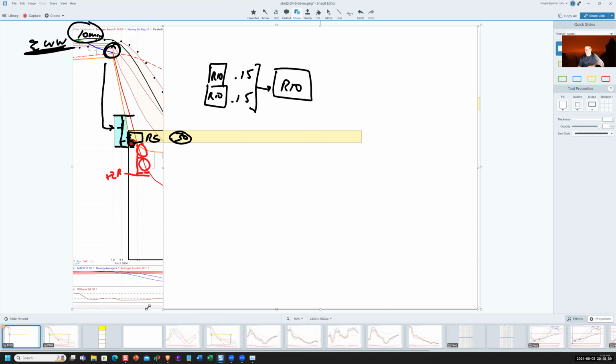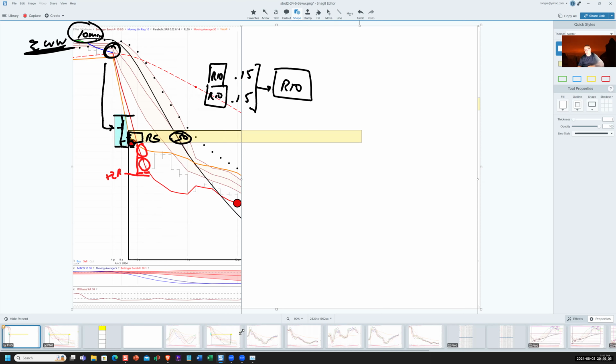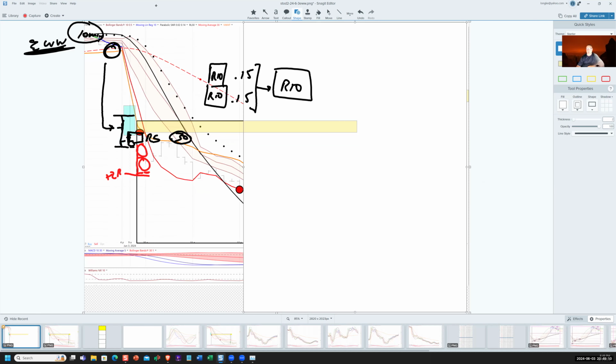It reverses again, continuing to sell off. This is about 5R. Now, notice that after the R10 reverses, it never hits the lower skin of the dragon.